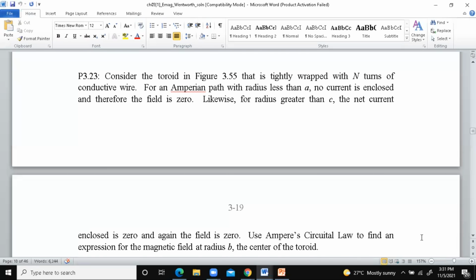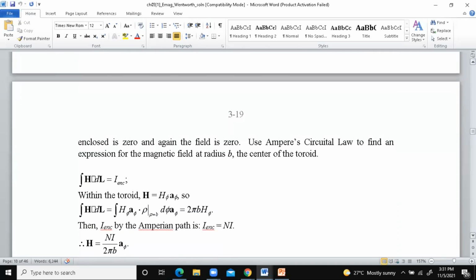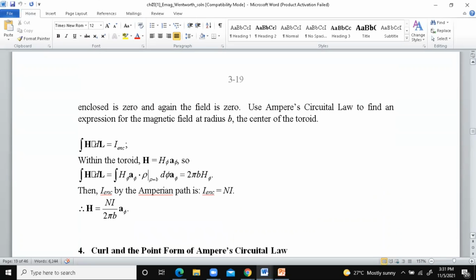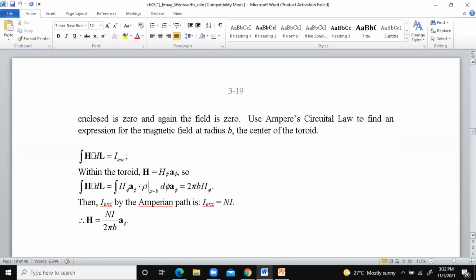Yes, I'm not sure I understand this one. Ampere's circuital law: the integral of H dot dl equals the current enclosed. Yeah, I got that far.